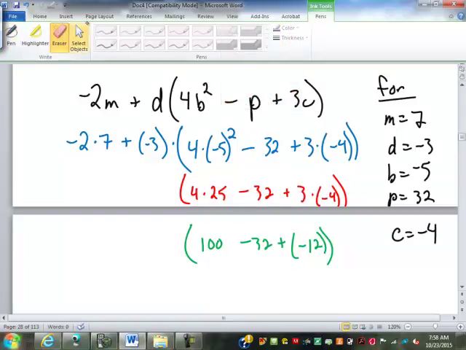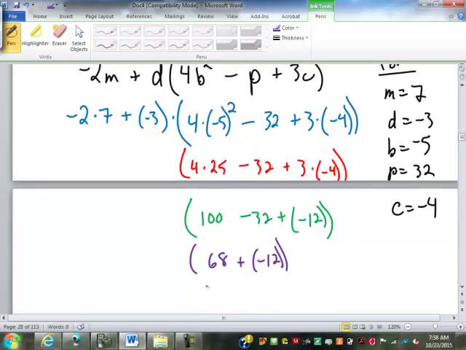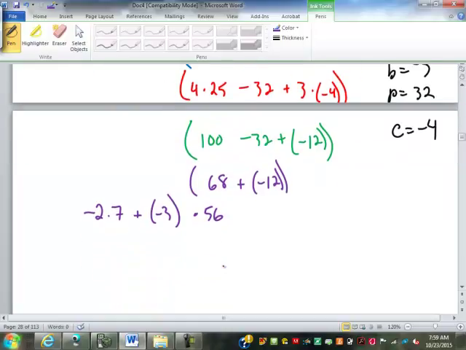Now we got to do 100 minus 32 is 68. Plus a negative 12 is 56, right? Now I've reduced what's in the parentheses to just the 56. We don't need it anymore. So that's what we have.